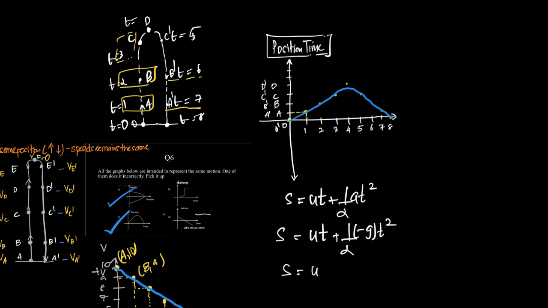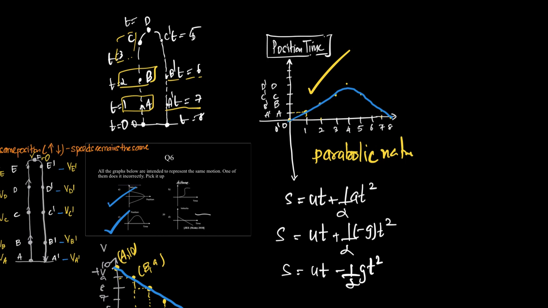So S is ut minus half gt square. Basically what does this represent? This represents that the position time relation should be what in nature? Should be a parabolic curve in nature. Now, is the position time given to be parabolic in nature? Yes. So that is also another way of saying that, having a look at the same graph.